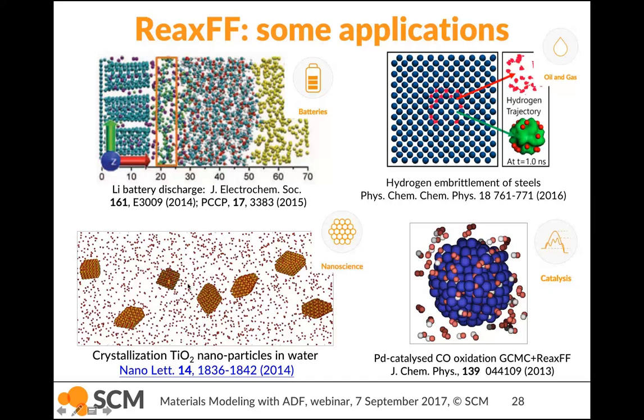Here's an example of looking at nanoparticle formation. So a study from 2014, where they have titanium dioxide nanoparticles sitting in an aqueous environment, and when they meet each other, they have time actually, so they sort of bounce, rebounds. They have time to sort of heal in the right direction and start forming crystals in the right facet direction.